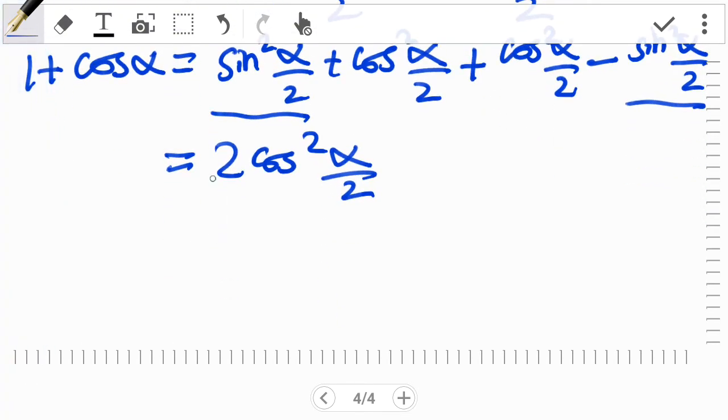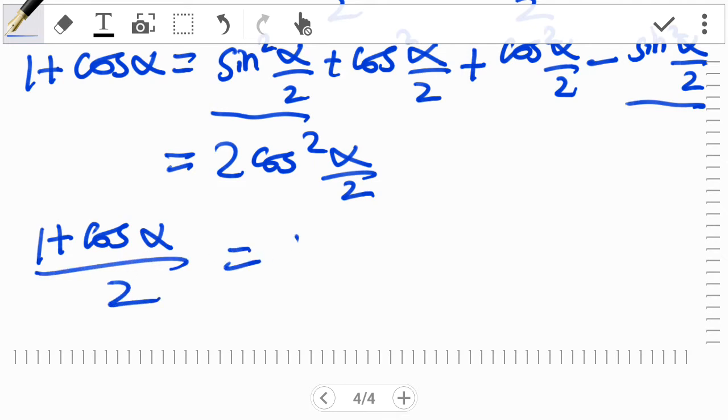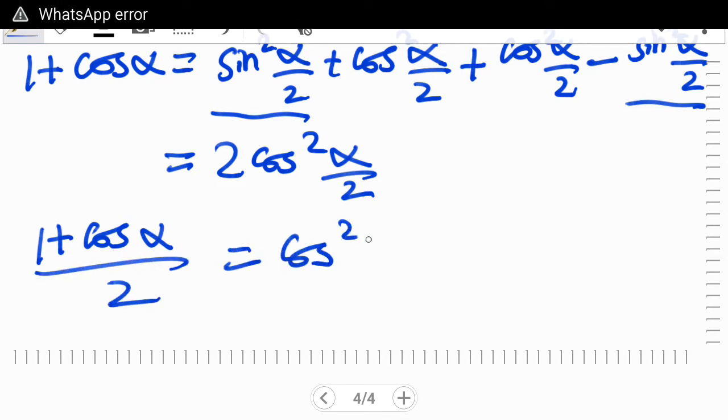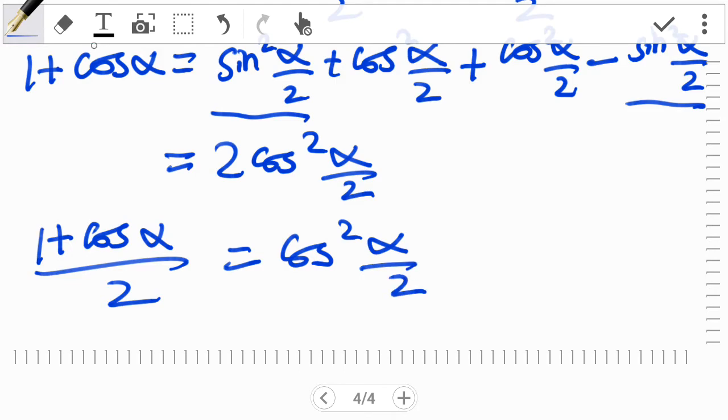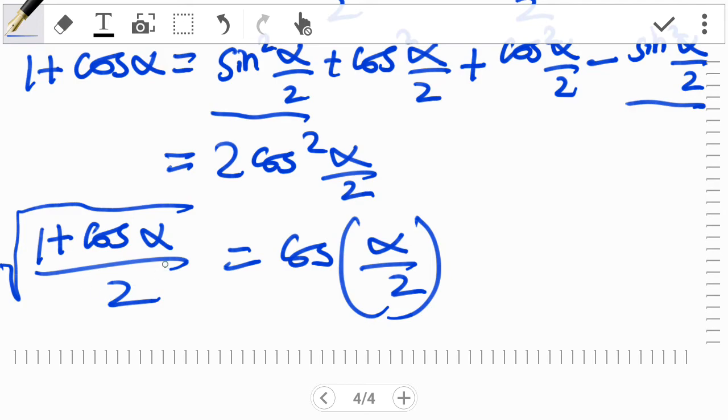So we can send this 2 over there, and we can write that (1 plus cos alpha) by 2 is cos square alpha by 2, or you can just remove the square and put a root over here, correct? So cos alpha by 2 is root of (1 plus cos alpha) by 2.